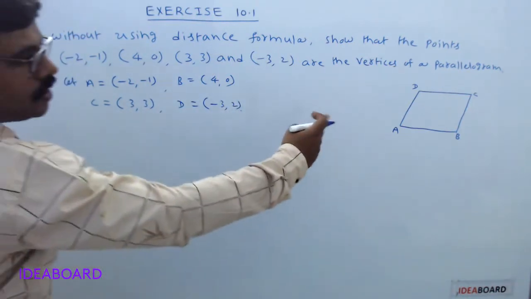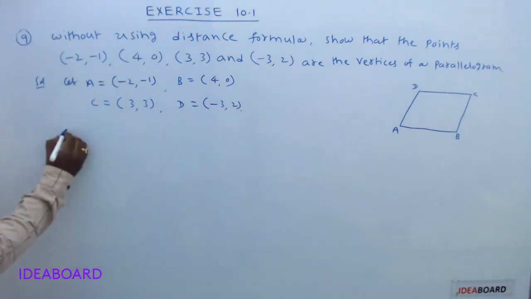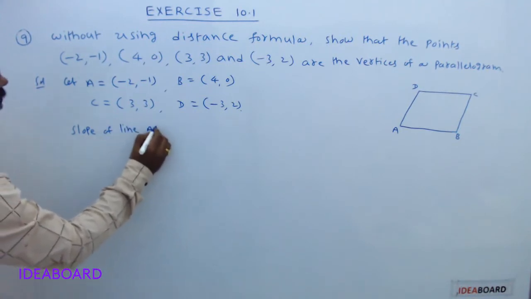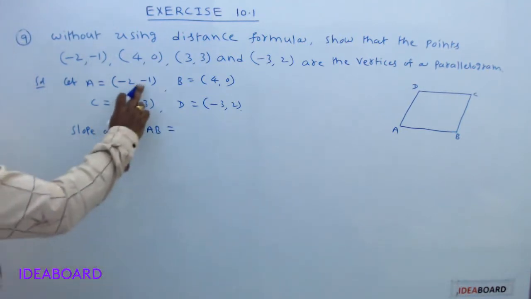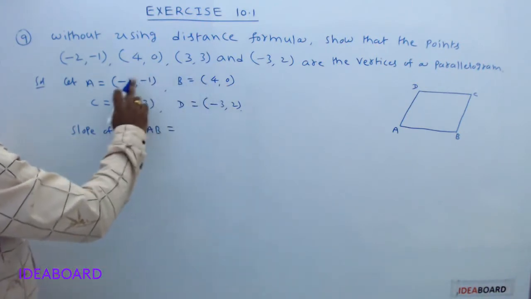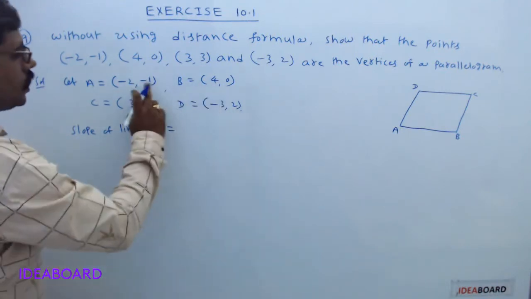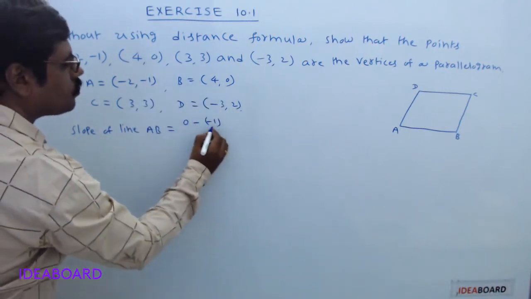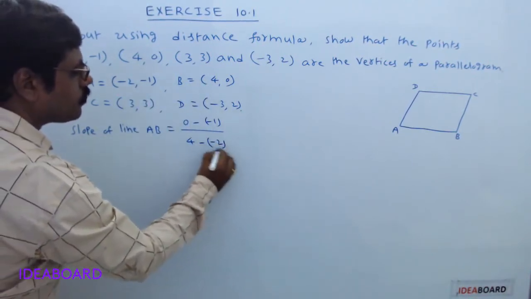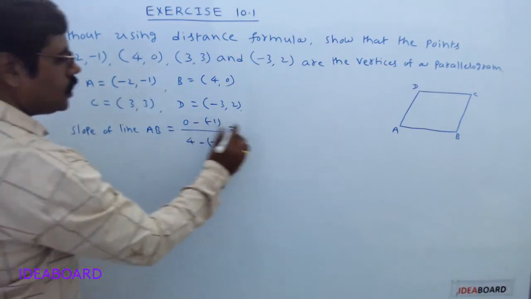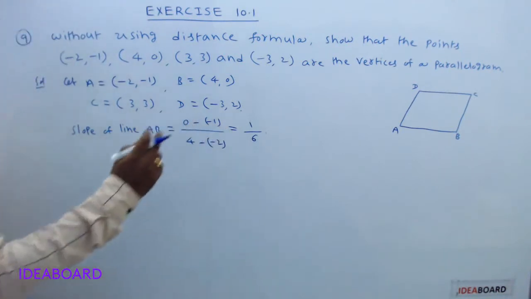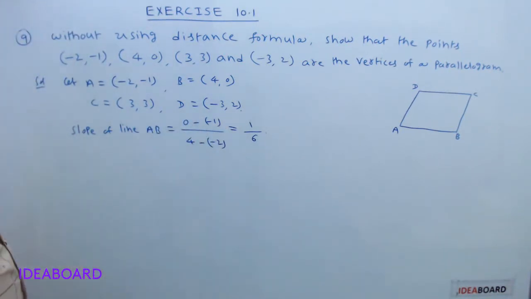First calculate the slope of side AB. Slope of side AB equals, on these 2 points you can apply the formula y2 minus y1 divided by x2 minus x1, that is 0 minus (-1) divided by 4 minus (-2). Now this equals 1 divided by 4 plus 2, 6. So slope of AB is 1 divided by 6.